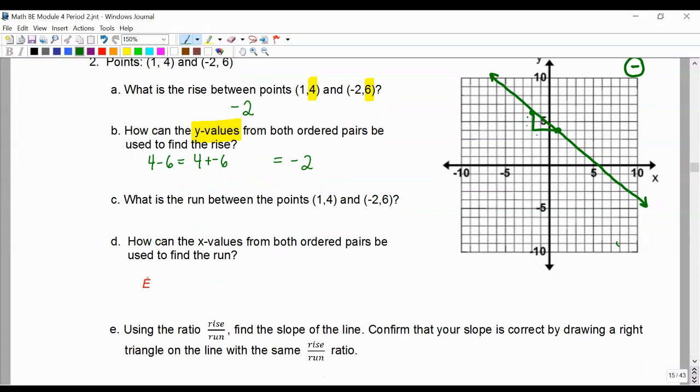Next, we're going to count the run, which is 3. And how can we get 3 from the x values? And it's positive.